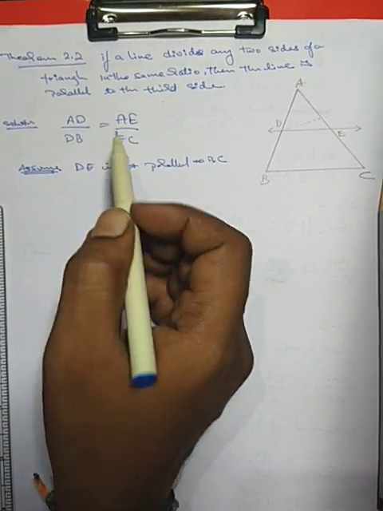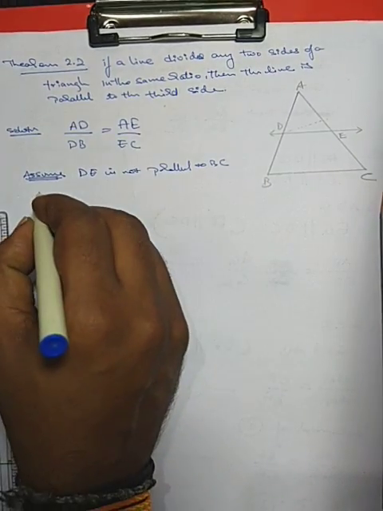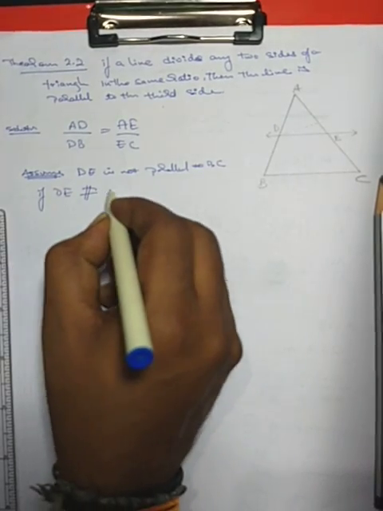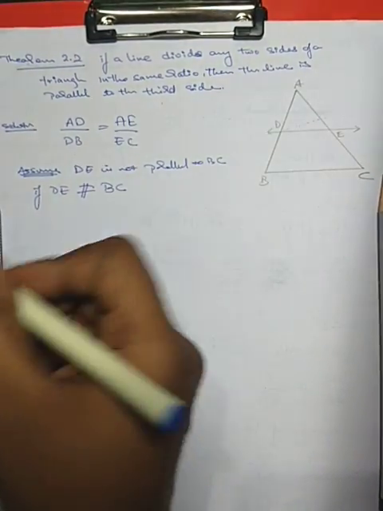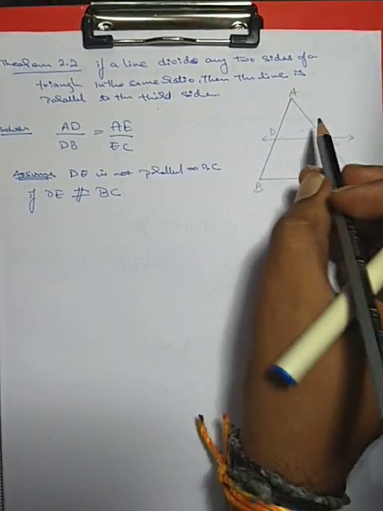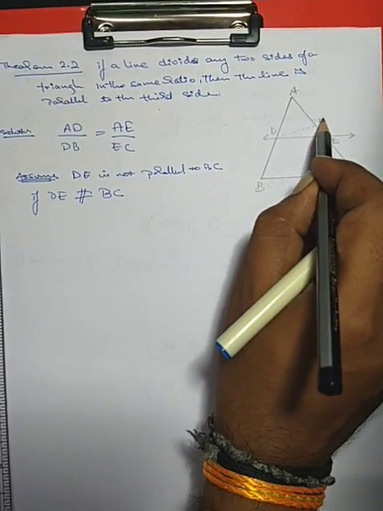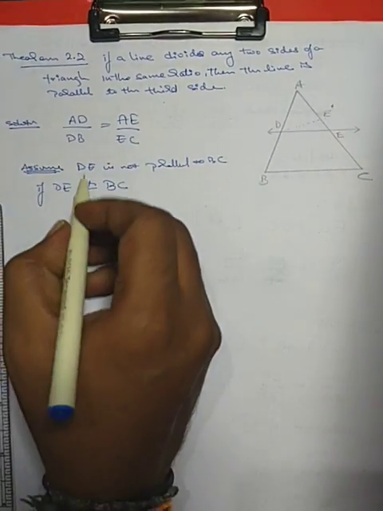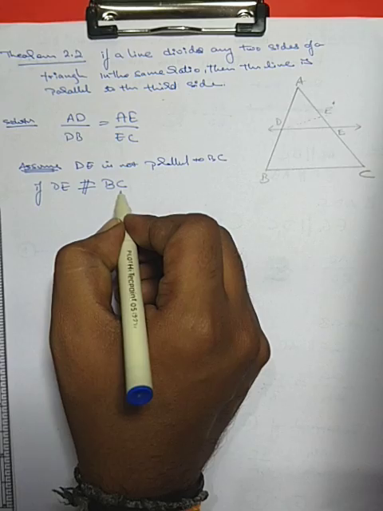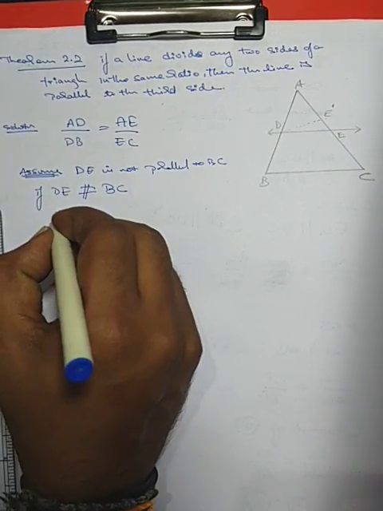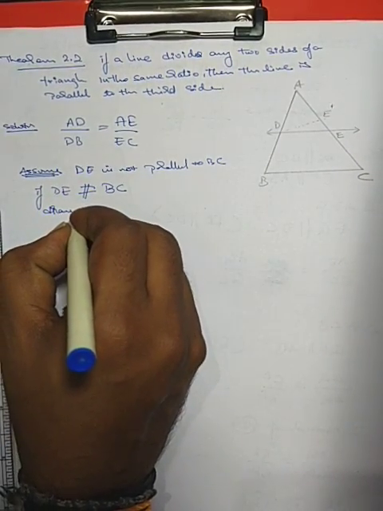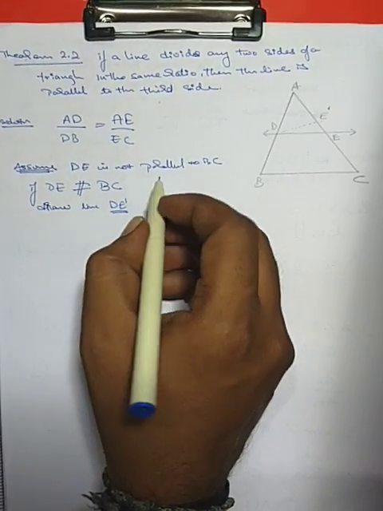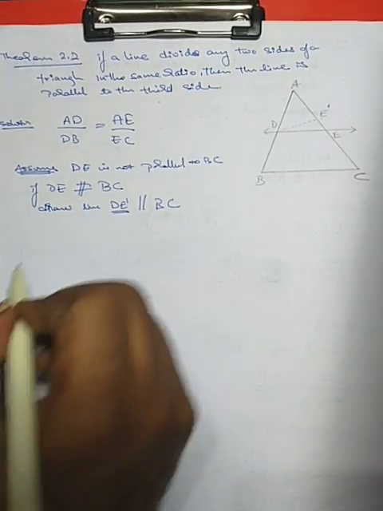So what we do: if DE is not parallel to BC, then we will draw another line DE dash, such that it is parallel to BC.